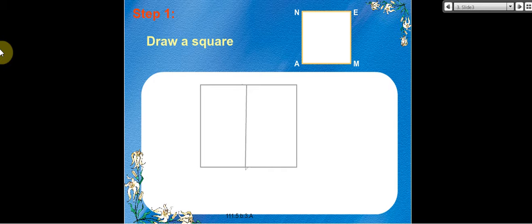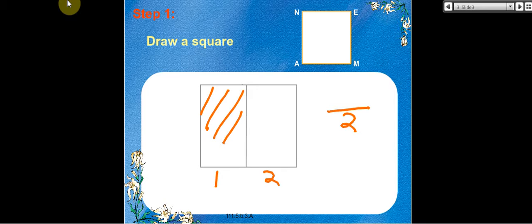How many parts do we have in total? 1 and 2. So we have 2 parts of the square. If we are talking about the shaded region, what is the share of the shaded region in this fraction?